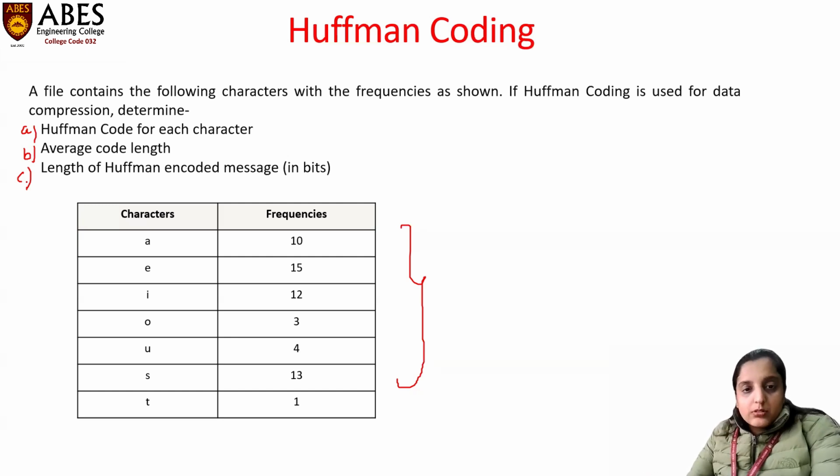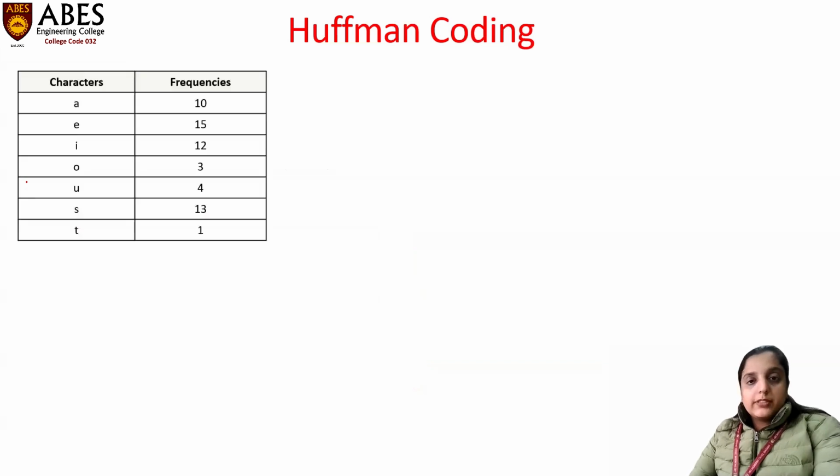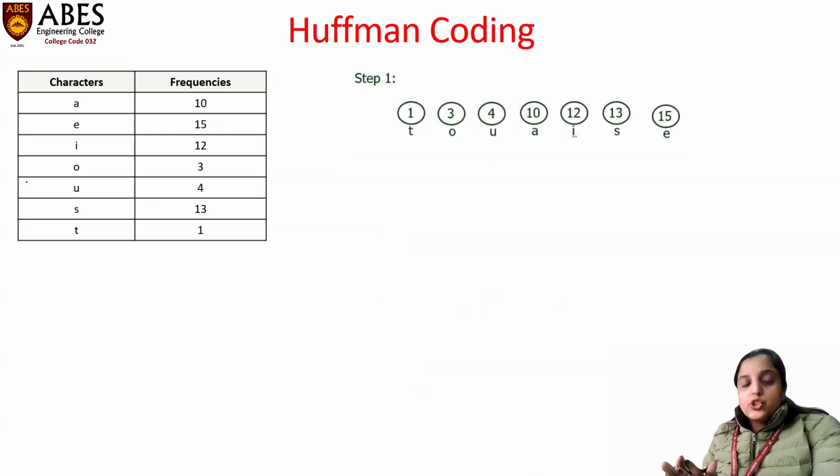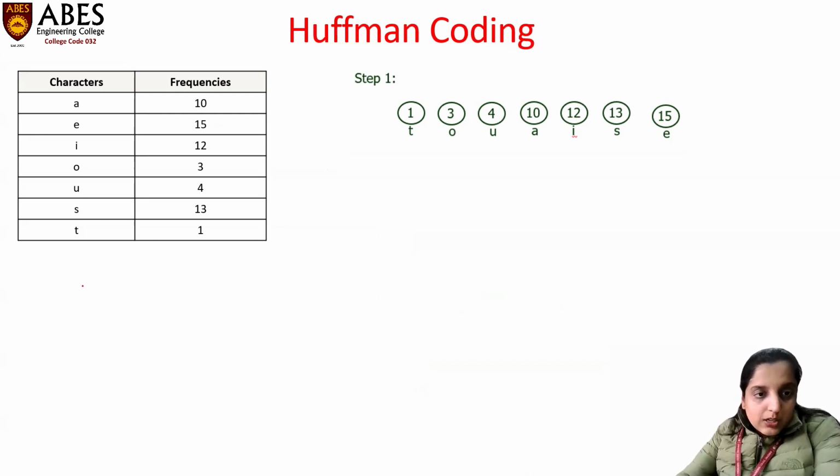These three things you have to answer from this particular question. So now let's start with the question. First of all, it is saying that you have to find out the Huffman code, meaning the encrypted code for each character. So this particular data is given to you. And firstly, we're going to arrange all our data in ascending order. So step one, as you can see here, the smallest occurring alphabet is T. So we have arranged it at first place.